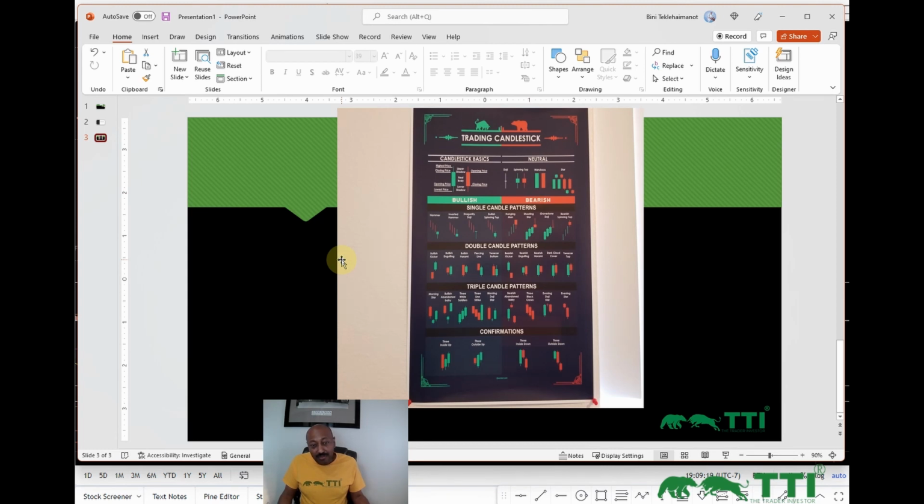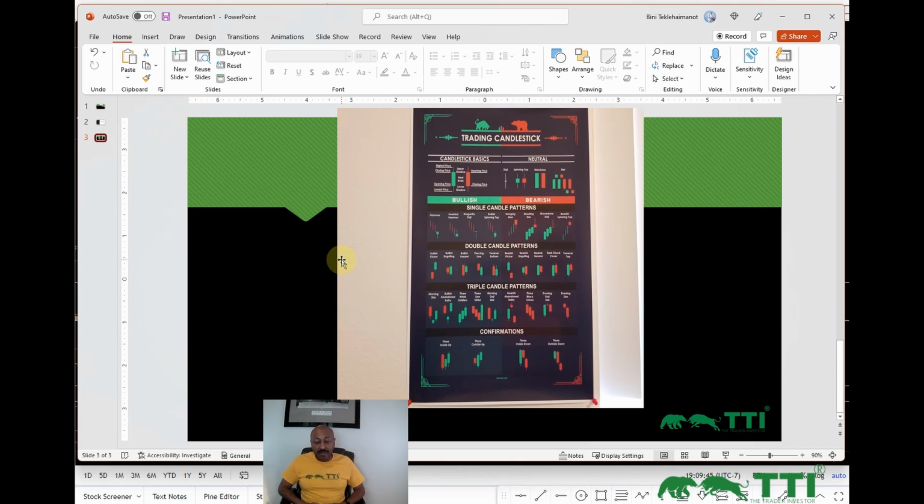Right now, we're not going to focus on the candlestick patterns. There's a specific reason why I'm showing you this. The way you're going to use this chart is way down the road. You can order it if you want, but for me, it's on the side here. It's a poster. I have a big poster in front of me that has different kinds of chart patterns.